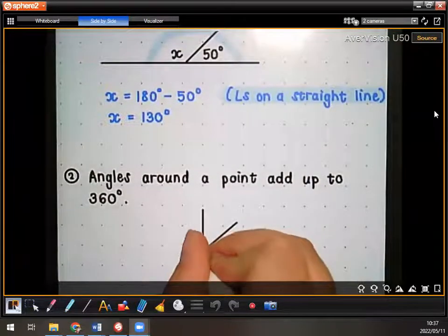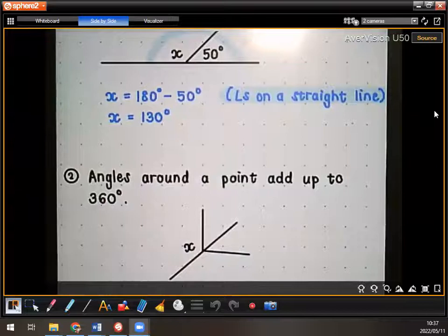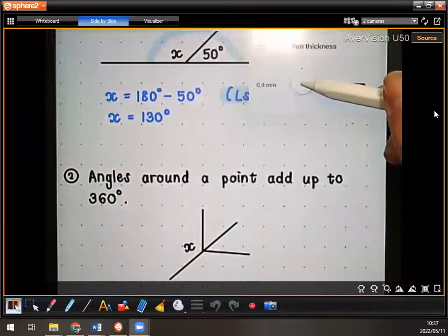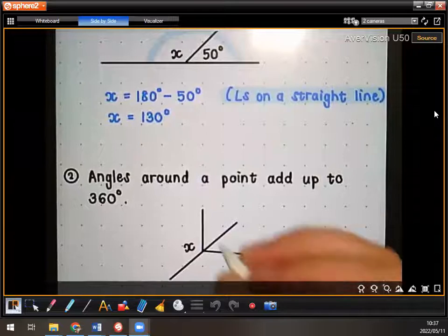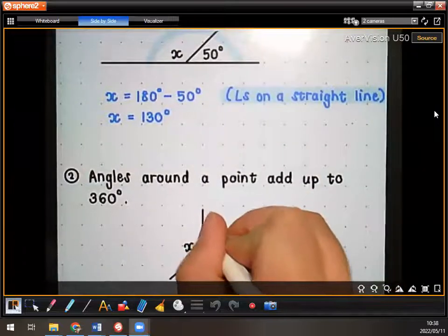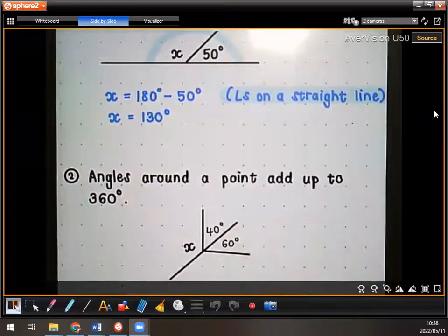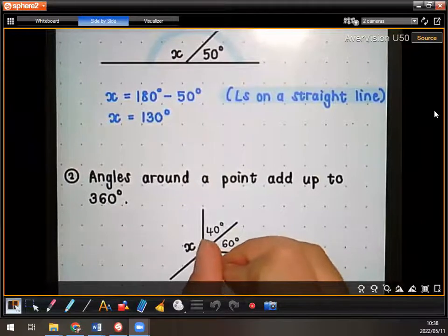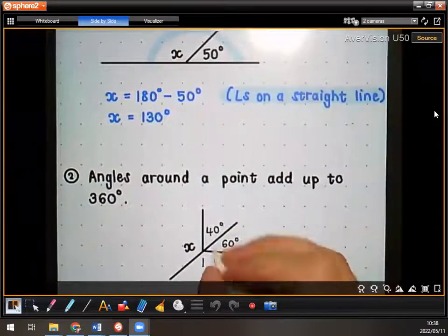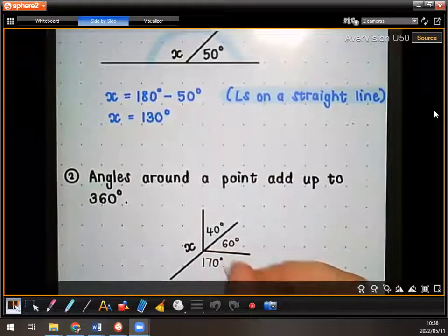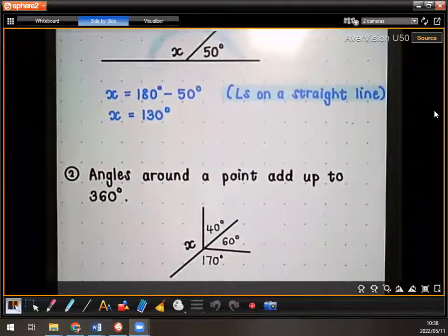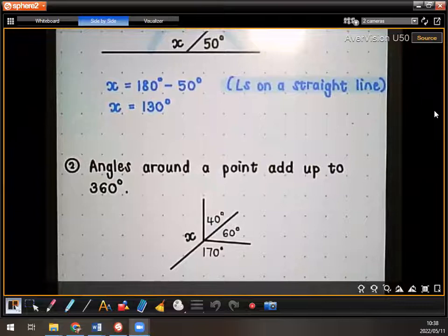And I'll make this one over here equal to x. And this one is 40 degrees, that one is 60 degrees, and this one is, let's call it 170.